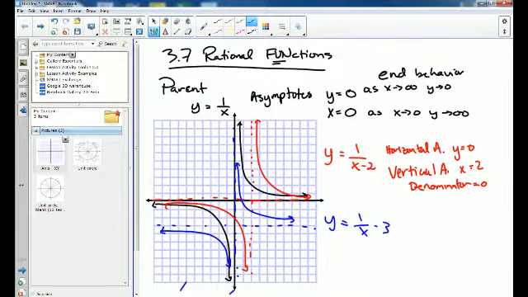Y equals negative 3. Vertical is 0 because that makes the denominator 0, right? So the vertical asymptotes are pretty straightforward there.